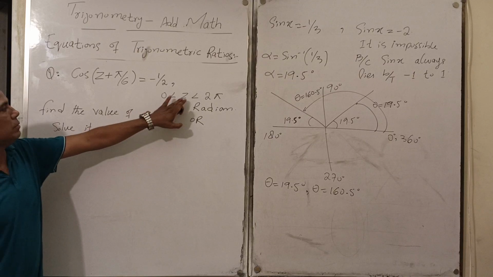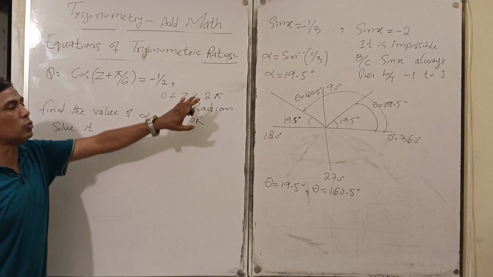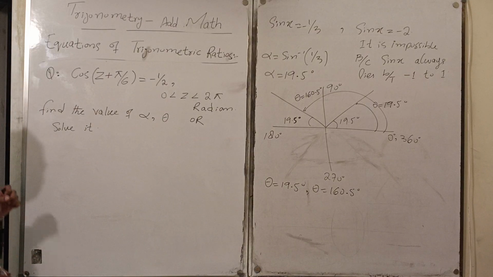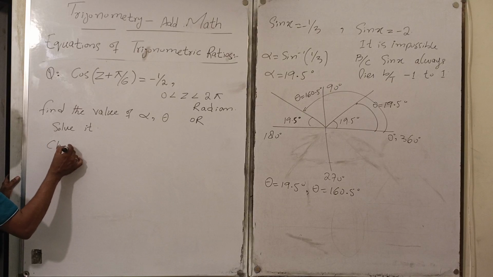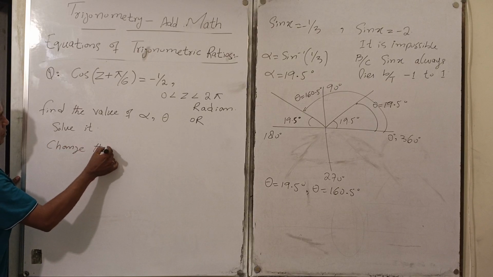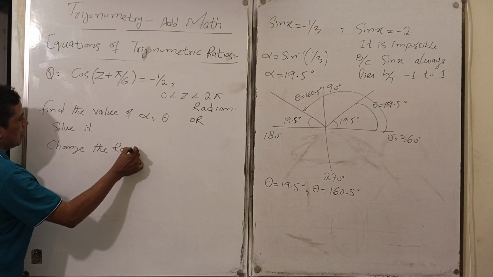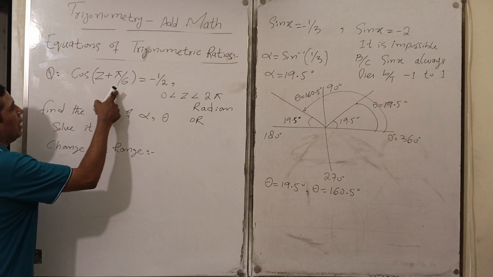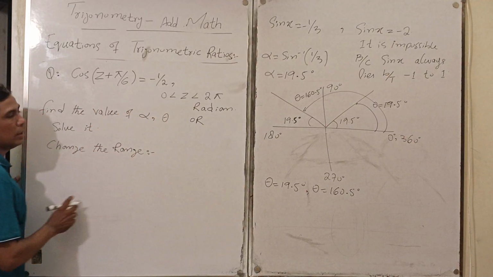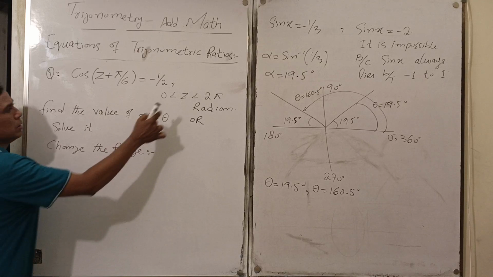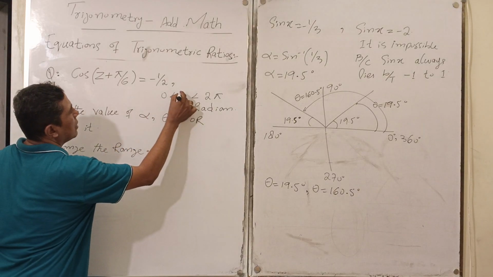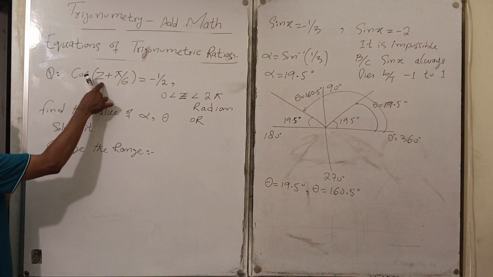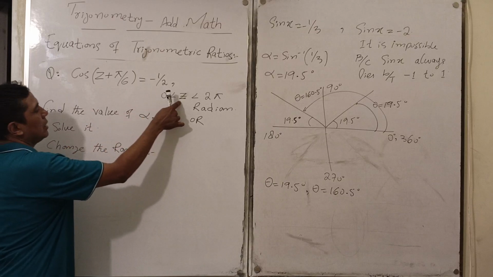Clear? Now what is the difference? The range is z, the radian is 0 and 2 pi. Clear? Now you need to convert first of all the range. Change the range. Yes. क्या करूँगा बच्चों? Pi by 6 at both sides. Am I right? You change the z. Okay.